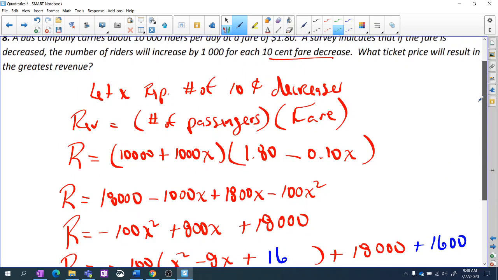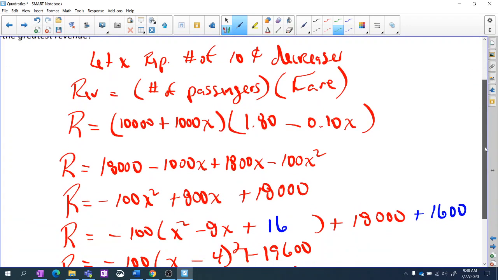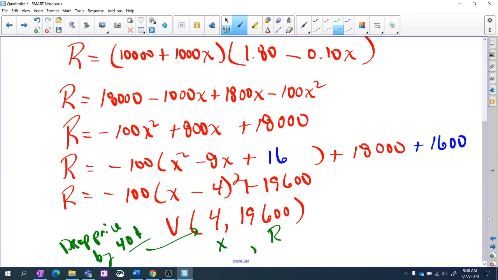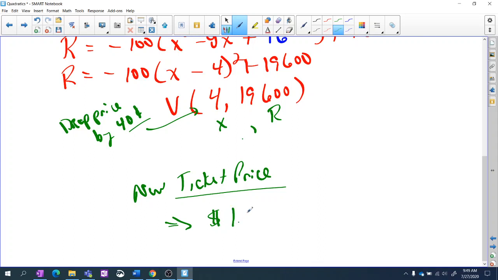What am I asked? What ticket price will result in the greatest revenue? So the ticket price was originally $1.80. We're going to drop it by 40 cents. So the new ticket price should be $1.80, take away the four 10-cent decreases, so they should charge $1.40.